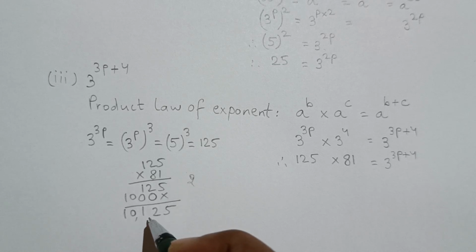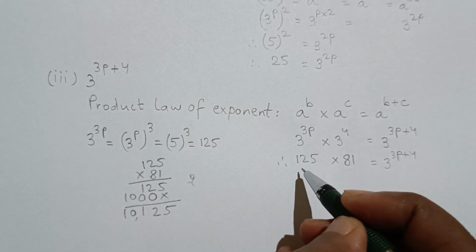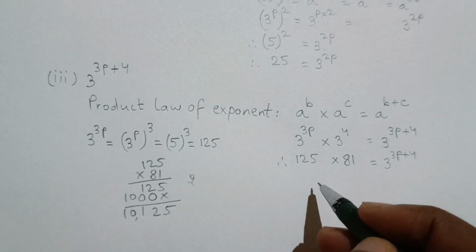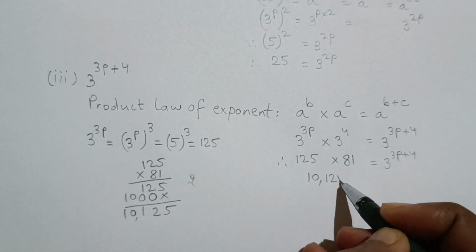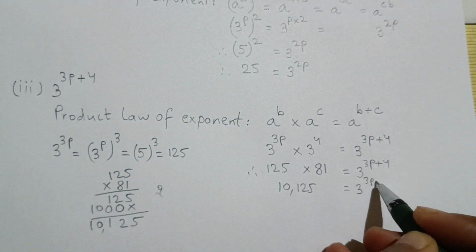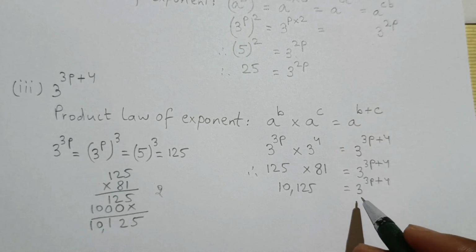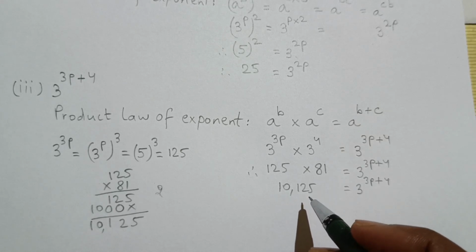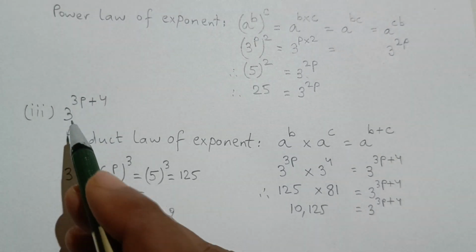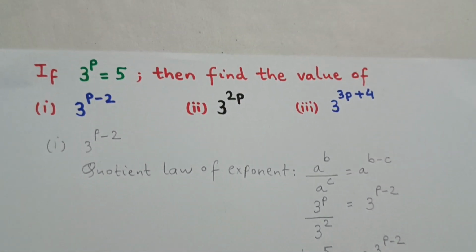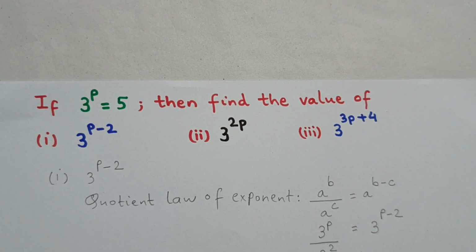So 125 into 81 is 10,125. So this is equal to 3 to the power 3p plus 4. So the value of 3 to the power 3p plus 4 is 10,125. And with that, we have solved this question set.